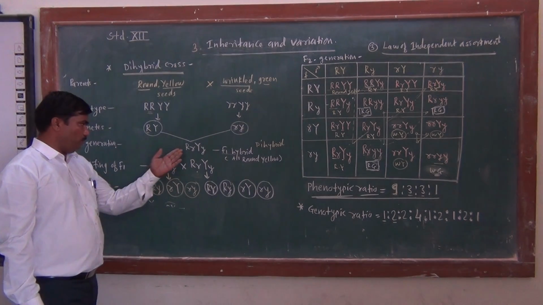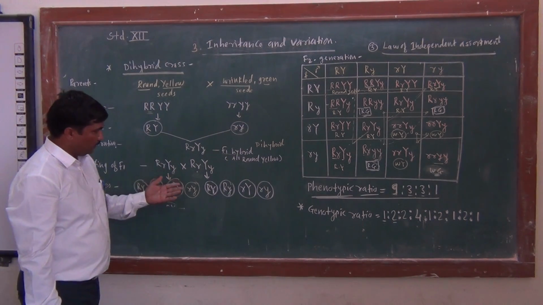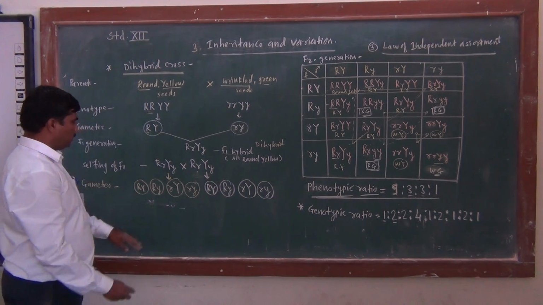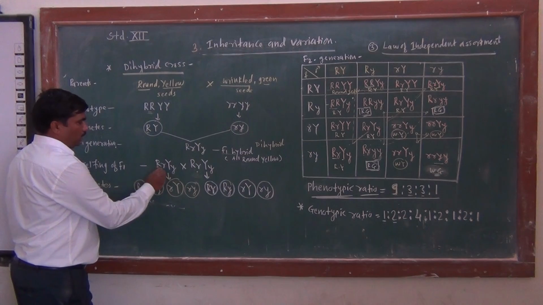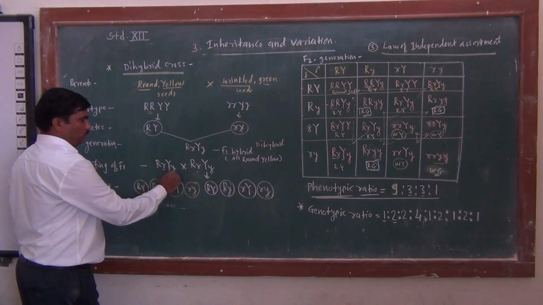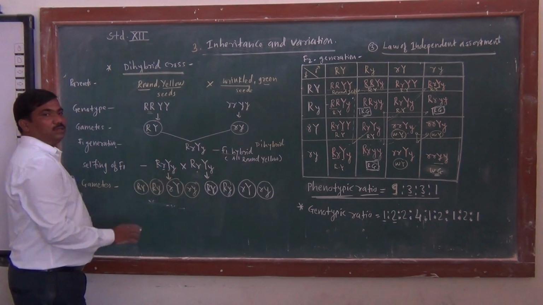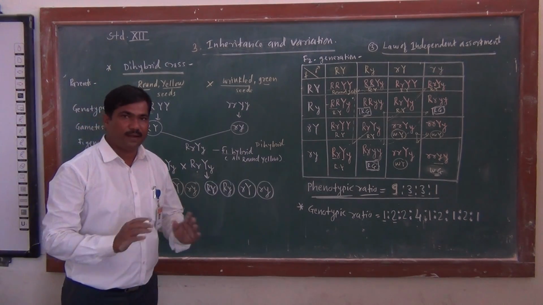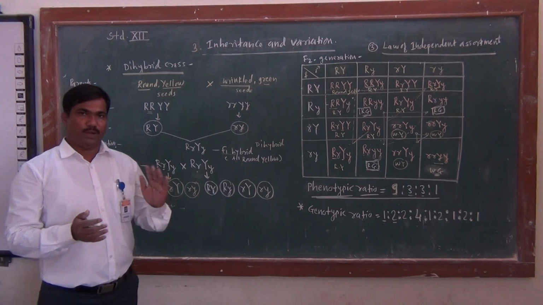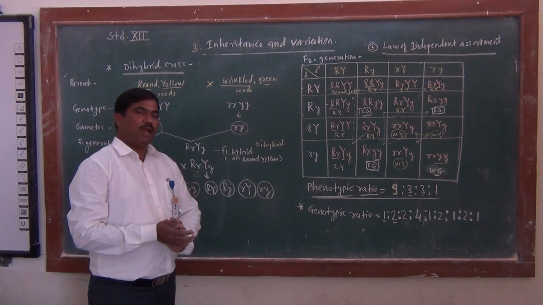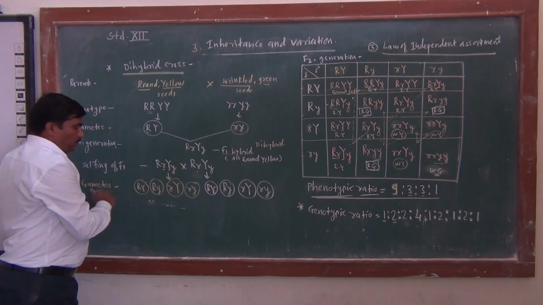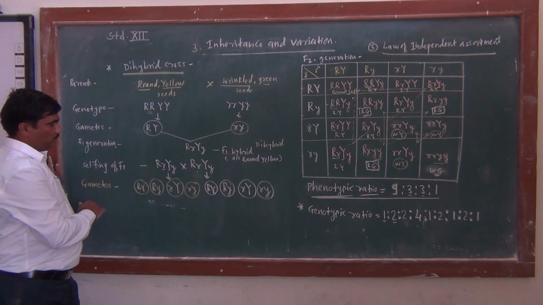These dihybrids formed in the F1 generation get selfed, and during formation of gametes, these alleles, capital R small r, capital Y small y, get segregated, or separate from each other, and they enter into different gametes.